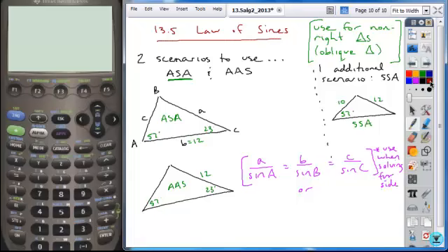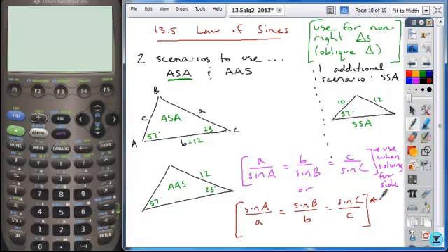There's another way that you can apply these, and that is to just flip the fractions. This is equivalent to saying that the sine of any angle A over the side opposite that angle is the same across the board for any triangle. So it equals the sine of B over b, which is also equal to the sine of C over c, where c is the side opposite that angle.